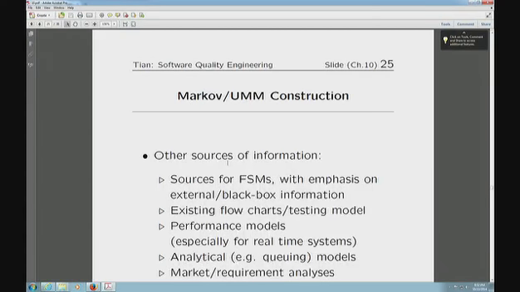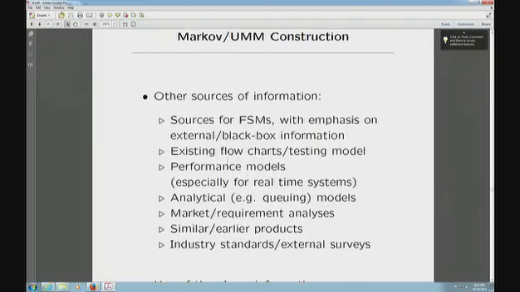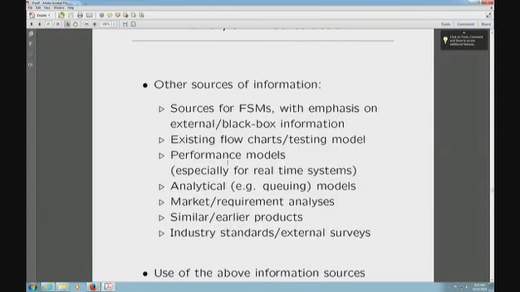And then there are some other information sources. So whatever sources you use for finite state machine, you can use it for Markov chain because that gives you the basic structure. Okay, and if you have some existing flowchart and the testing models and all those things, that can be the basis of your Markov chain as well.